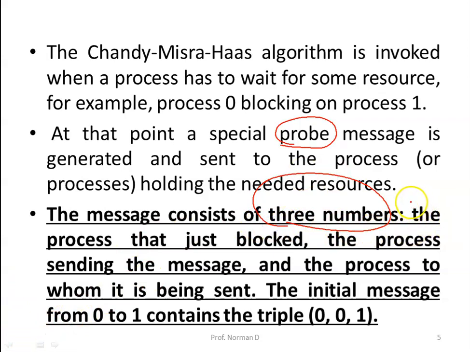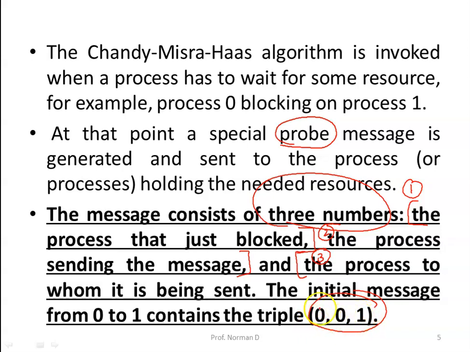The first number is the process that has blocked. The second number is the process sending the message. And the third number is the process to whom it is being sent. So in our case, the initial message from 0 to 1 will contain this probe message, that is 0, 0 and 1.